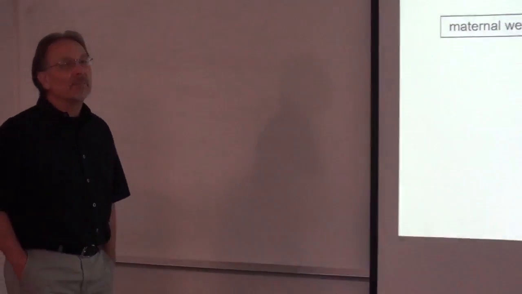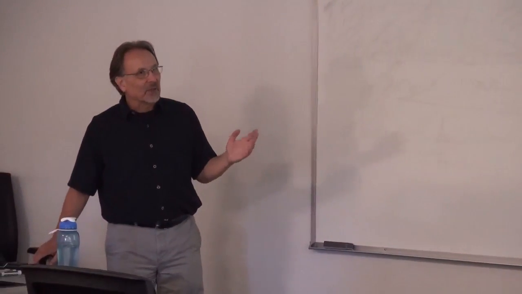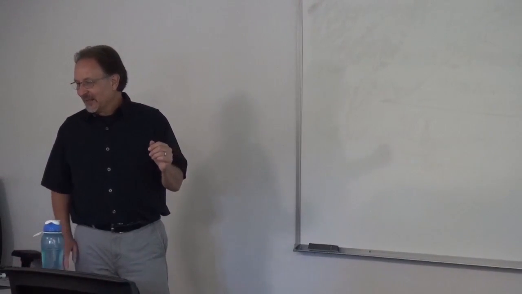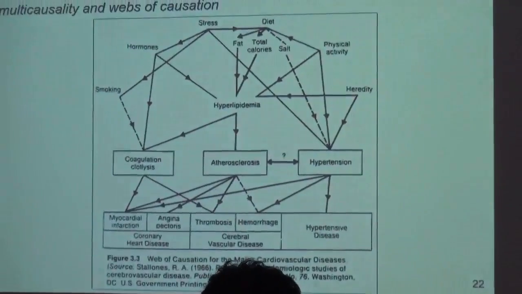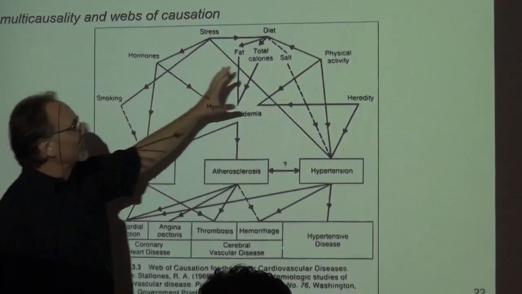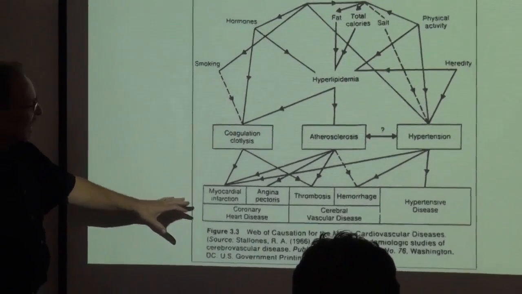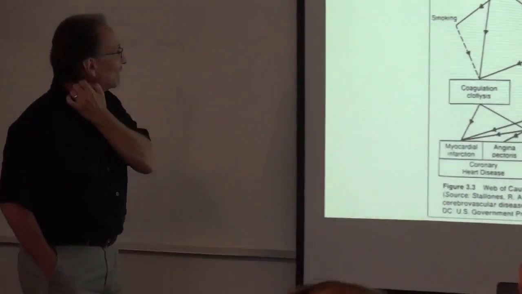This is a fairly simple one, and I'll bring this up again when we talk about error, because this is an important relationship here. This is a really complex one. Obviously, I am never going to ask you to reproduce this, okay? But this is typical of relationships among different dietary and environmental and hereditary factors and different types of heart conditions and circulatory conditions.